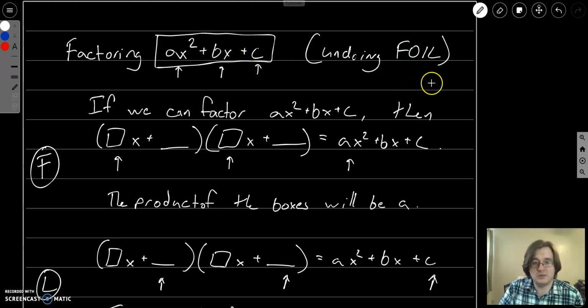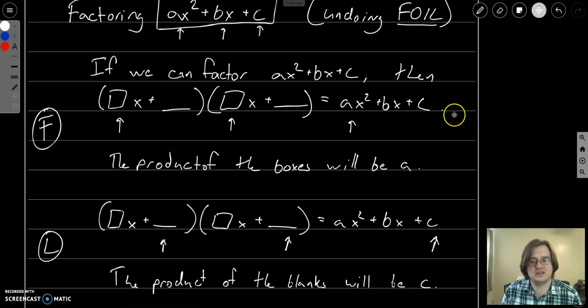These are really common, and what we'll do is we'll look at essentially factoring this from the perspective of we'll undo FOIL. Remember that FOIL is how we might multiply different factors to expand something, and we'll undo that.